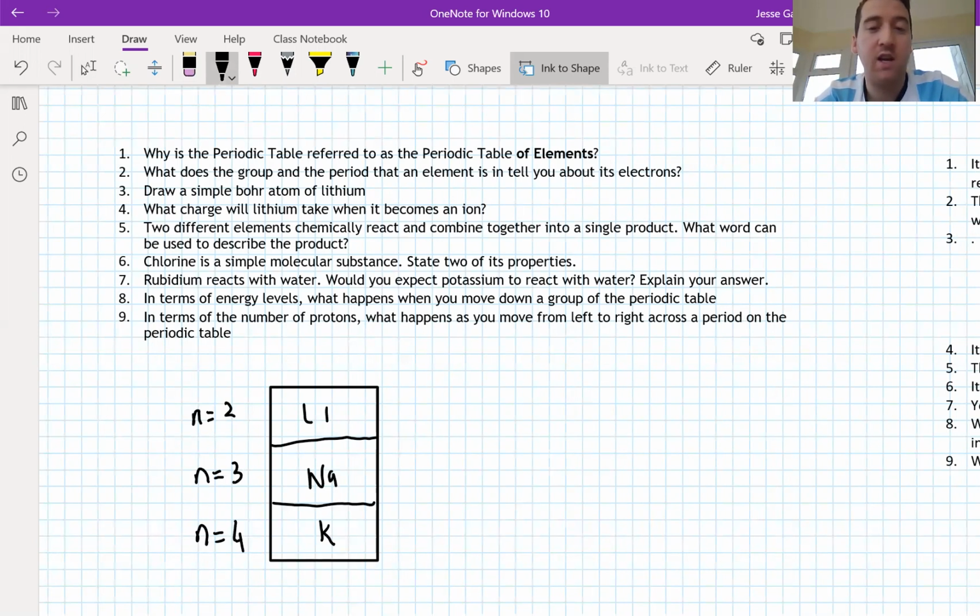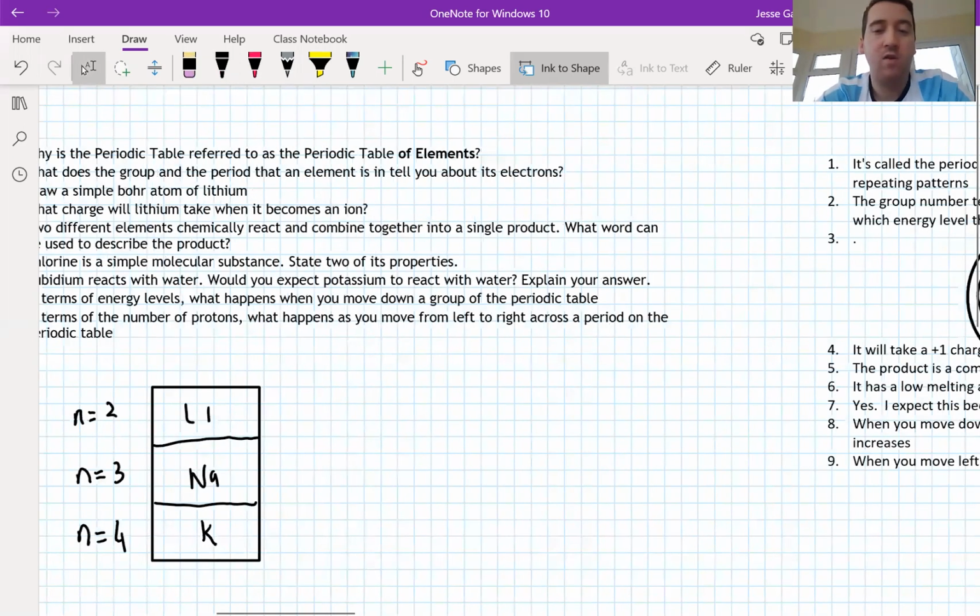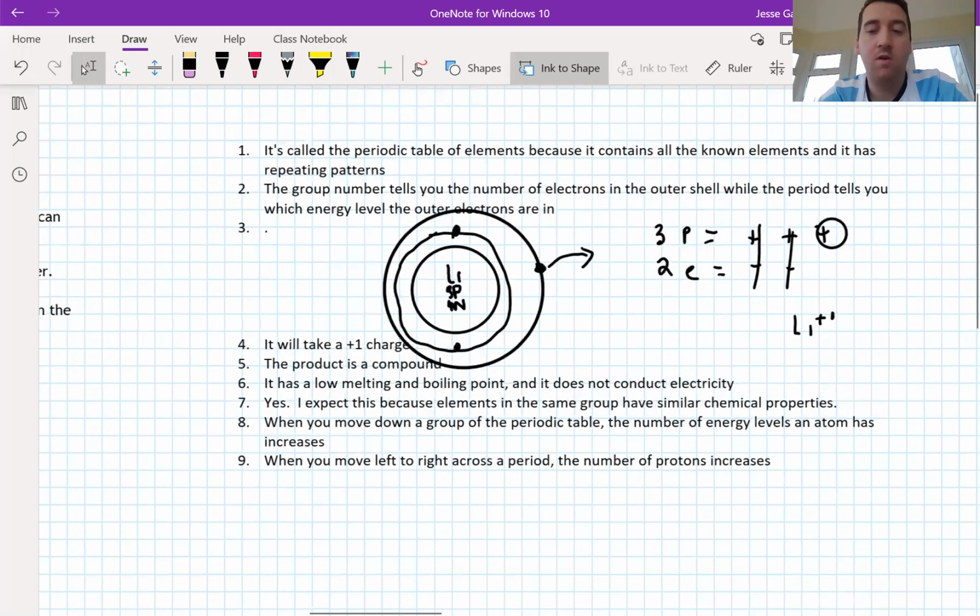So in terms of energy levels, what happens when you move down a group of the periodic table? Well, if you weren't already able to answer it, maybe you can now. Okay, so the answer here is that when you move down a group in the periodic table, the number of energy levels an atom has increases.